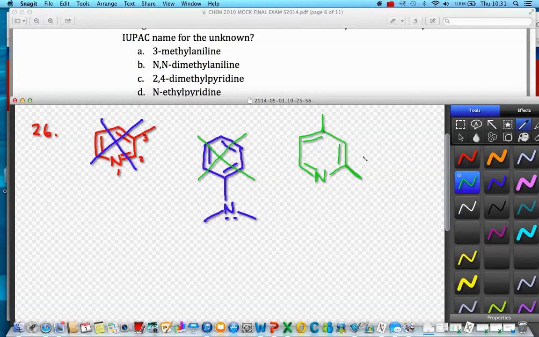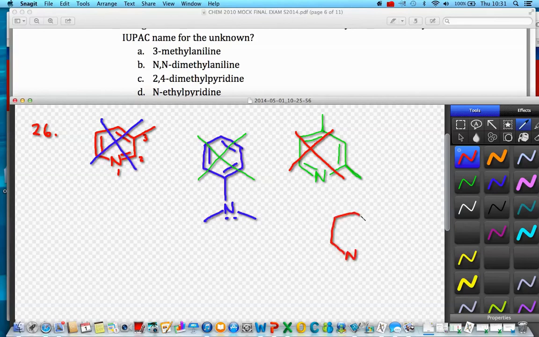And so when we look at 2,4-dimethylpyridine, there's no NH stretch either. So if we look at D, N-ethylpyridine, I don't like this one either.